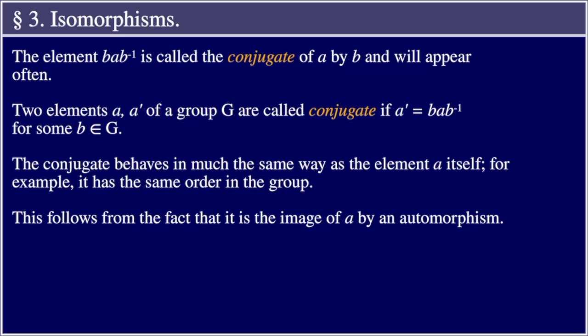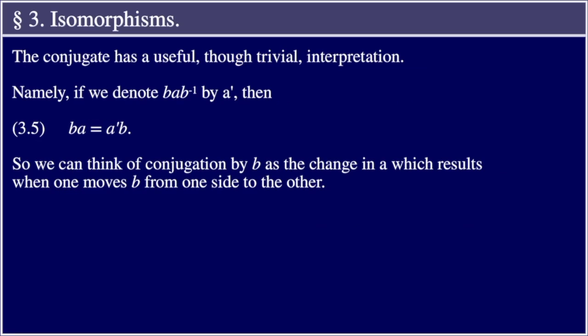This follows from the fact that it is the image of a by an automorphism. The conjugate has a useful though trivial interpretation. Namely, if we denote b a b inverse by a prime, then 3.5: b a equals a prime b. So we can think of conjugation by b as the change in a which results when one moves b from one side to the other.